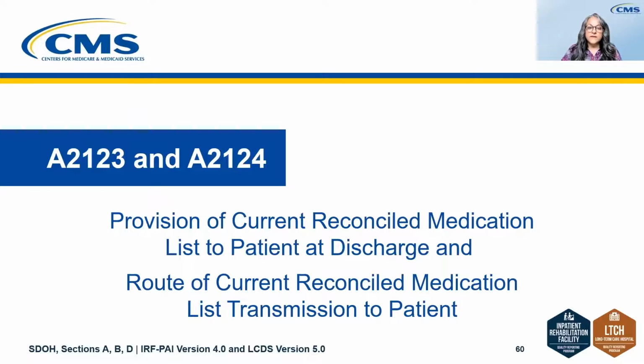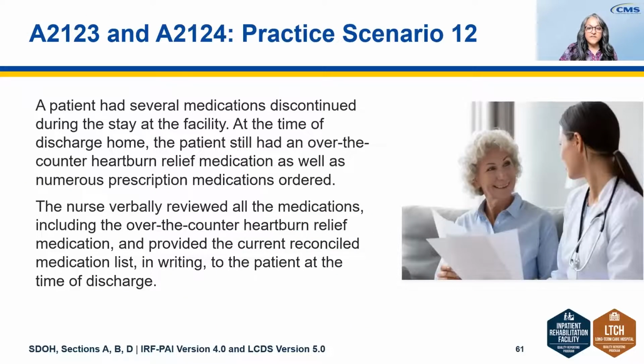You can find these data elements in the IRF-PAI on page 18 of the discharge section, and in the LCDS on page 5 of both the planned and unplanned discharge assessments. And so remember from the recorded session that for these data elements, we're looking at whether the patient was discharged to a home setting, which would be response code 01, or not listed location, which is response code 99, as documented in item 44D, discharge destination location.